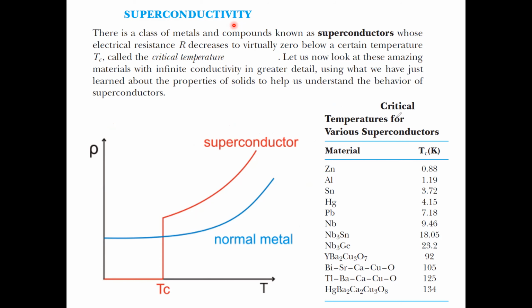I show you the graph here. So these are the critical temperatures for various superconductors. You see a variety of materials here: Al aluminum, Sn tin, Hg mercury, Pb lead, neodymium, and compounds of neodymium like neodymium tin, neodymium germanium.